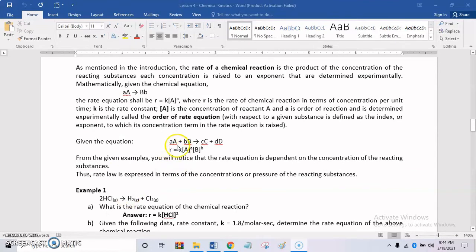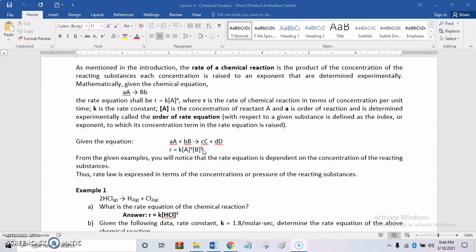Again, given this equation, two reactants A and B will give two products C and D. The rate of the reaction equals k, the constant, times the concentration of A raised to its mole, times the concentration of B raised to its mole.